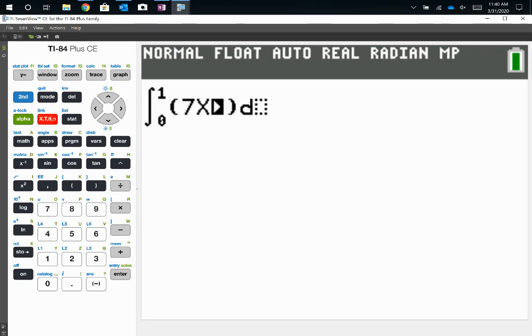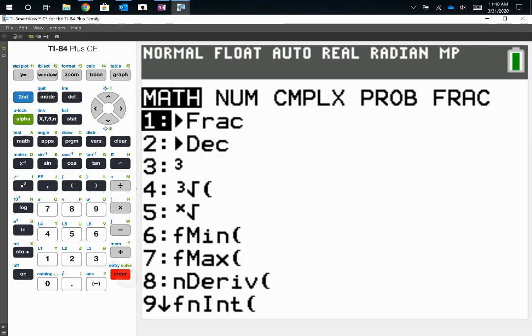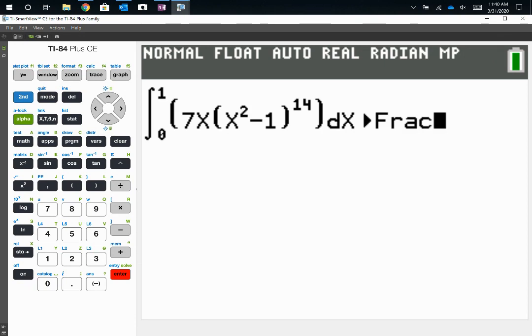This is 7x, open parenthesis, x squared minus 1, close your parenthesis, to the power 14 dx. And let's ask the calculator for a fraction answer, and see what it gives us.